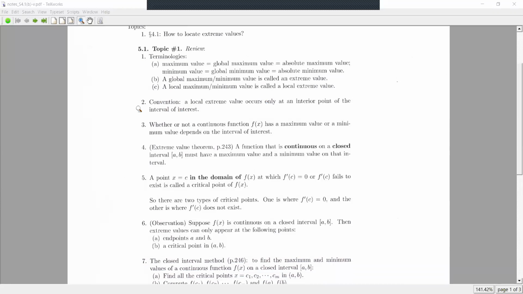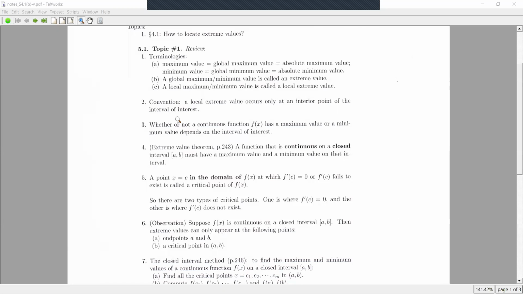Review number 2. This is a convention. A local maximum value or a local minimum value occurs only at a point inside the interval.